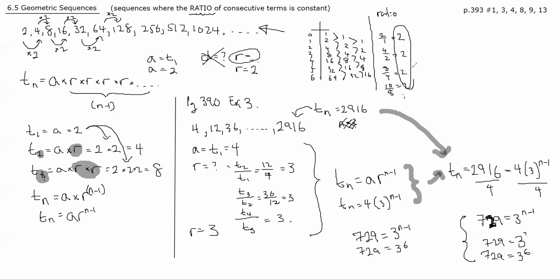That means n minus 1 and 6 are the same. So therefore, if n minus 1 equals 6, that means n must be 7. T7 is equal to 2,916. There are 7 terms in this sequence.